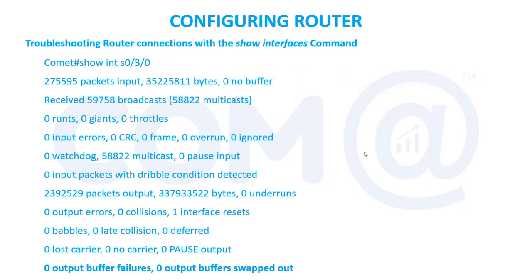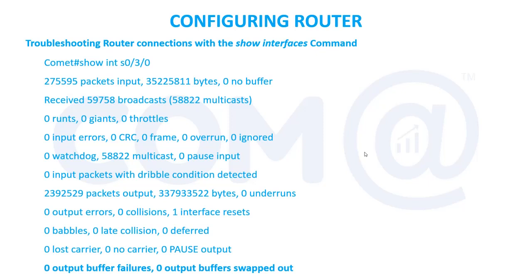Now, troubleshooting router connections with show interfaces. I'm typing the show interface command, which gives details about the interface configuration parameters. We have to look at runts, giants, throttles, input errors, and CRC. In the fourth or fifth line you can see watchdog, multicast, and pass input, various parameters it captures.